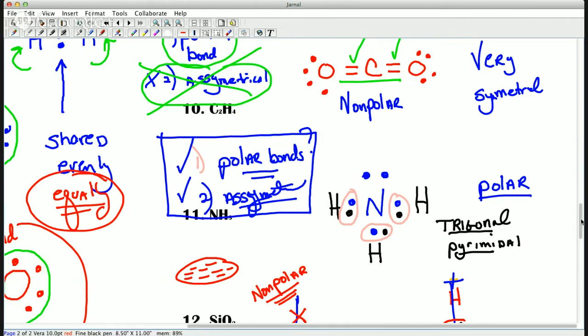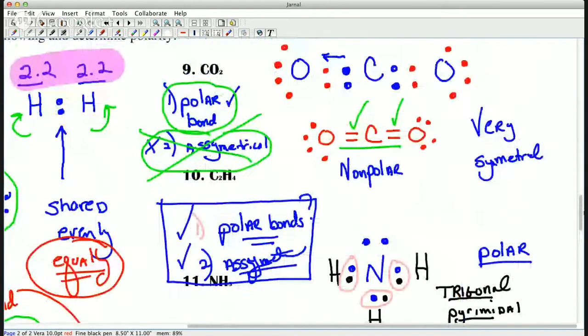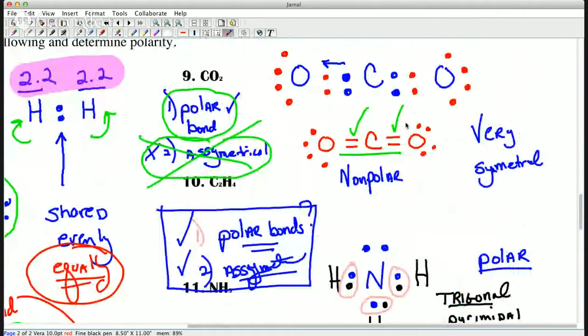Now, let me help you draw this 3-dimensionally. I'm going to get rid of some stuff here so I can draw. So here's how it would look. What you have is you have the N in the middle, and you have it bonding to an H, and it bonds to another H that kind of comes at you. So this dark line means it's coming at you.